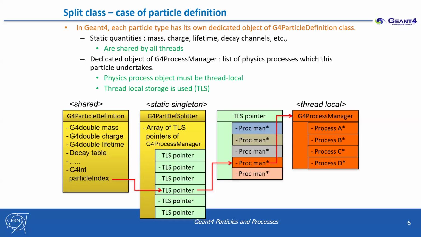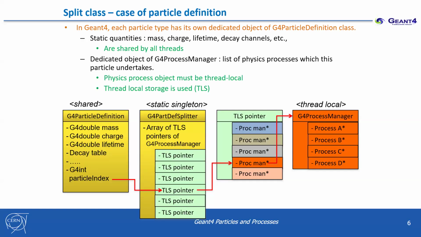They are shared. So on the left part of this cartoon, there is a particle definition with mass, charge, lifetime, decay table, and it is unchanged and may be seen by all classes of Geant4.